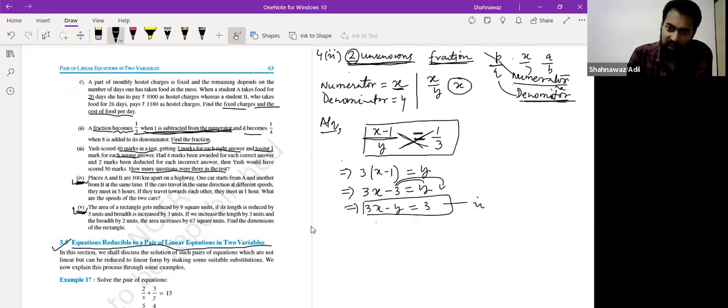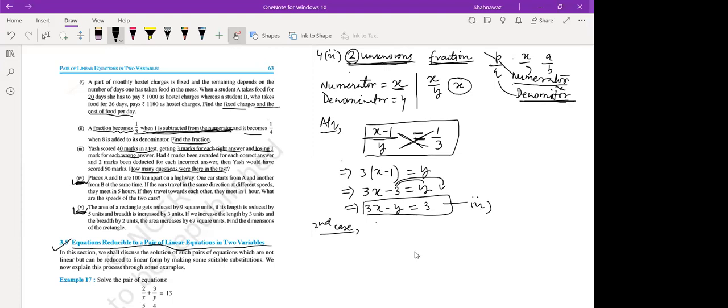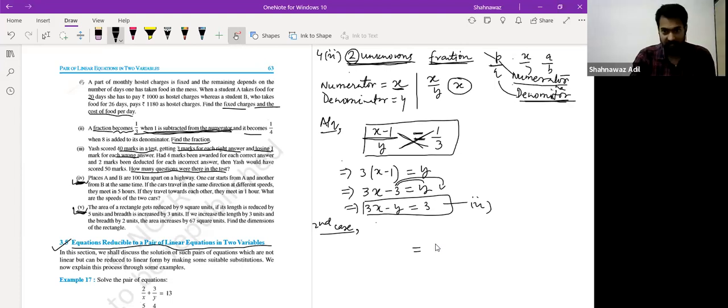Now tell me the second part. So now what do you do? It becomes 1 by 4. So what should I write here? I should write equals, and what should be in the right hand side? This should be 1 by 4.